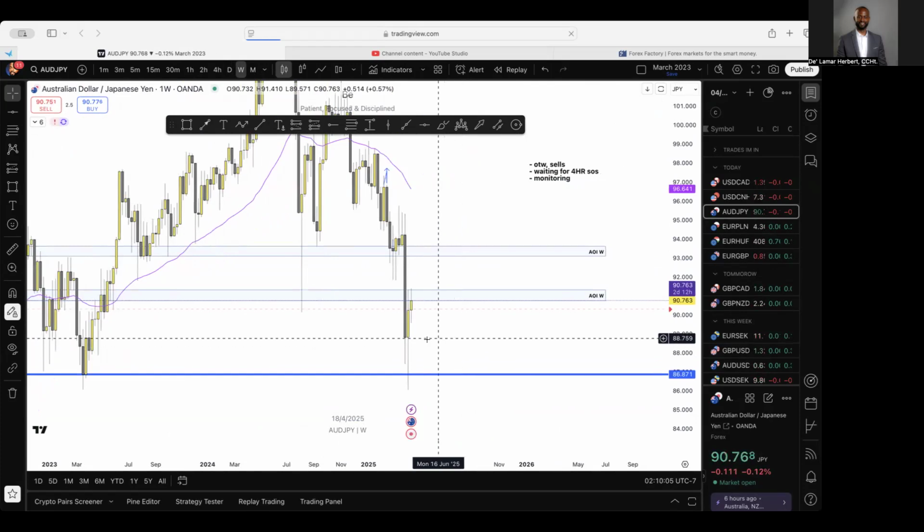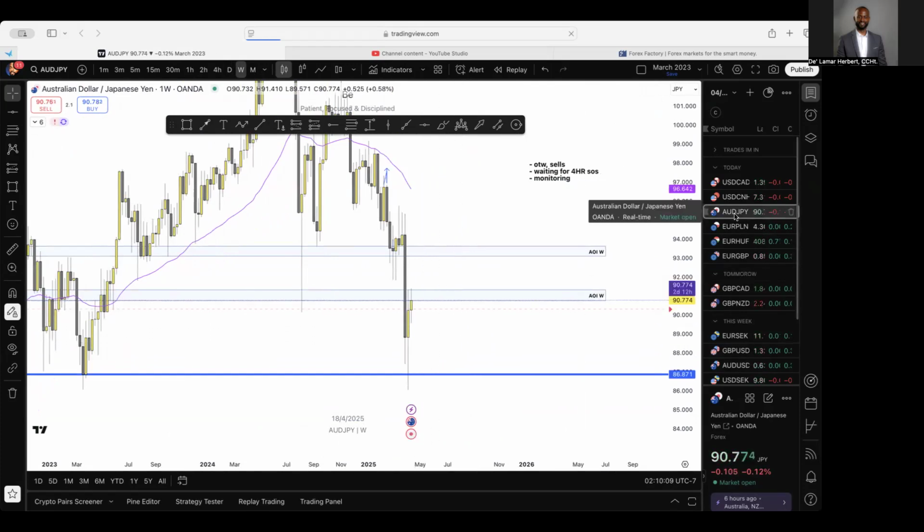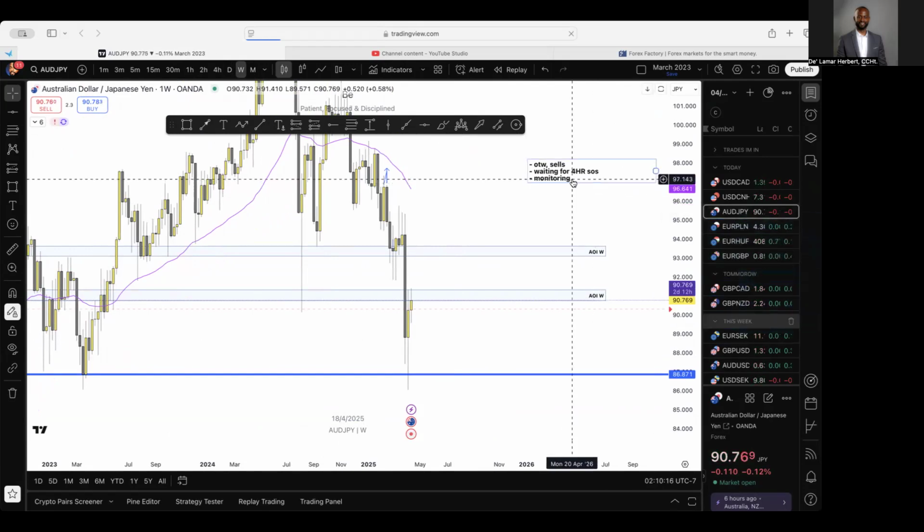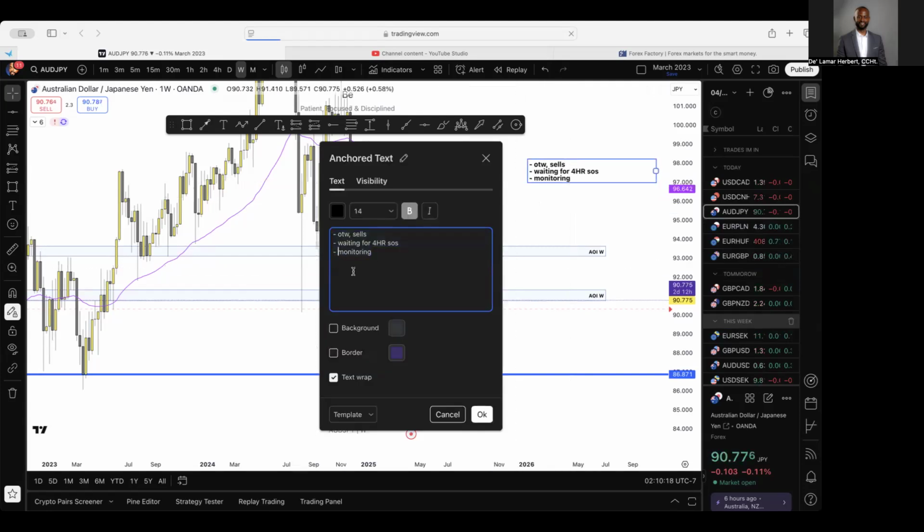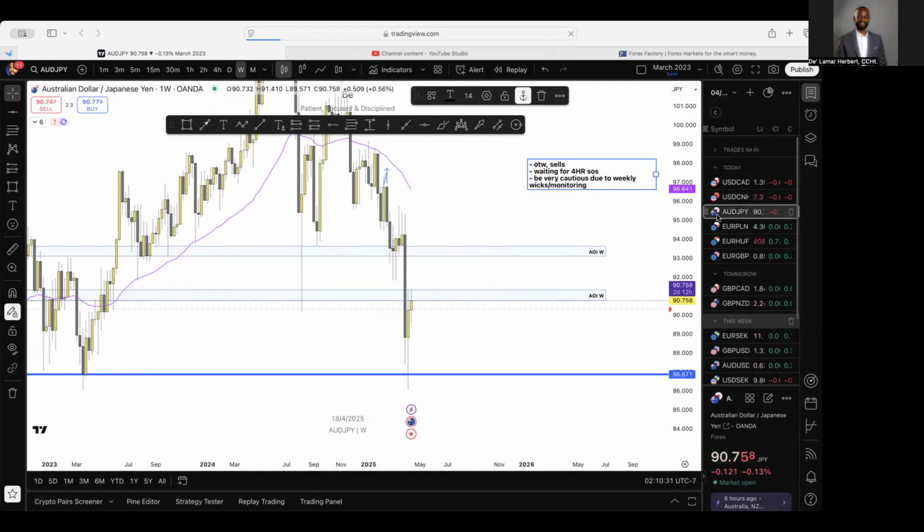And I think my mentor would even say to be very cautious. So I'm just gonna be very cautious due to weekly wicks. Monitoring, and just being very cautious with that.